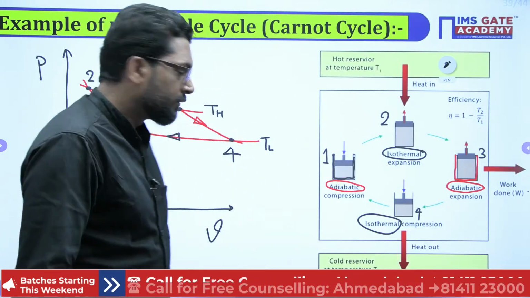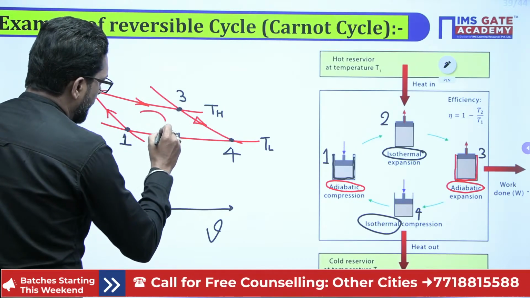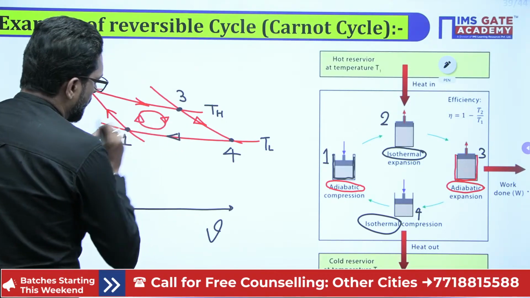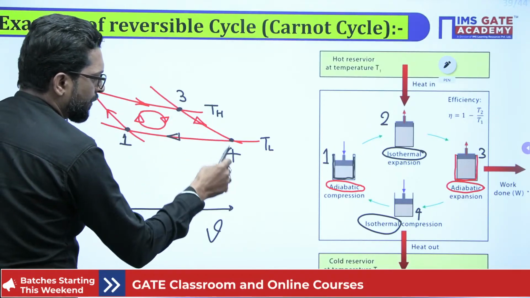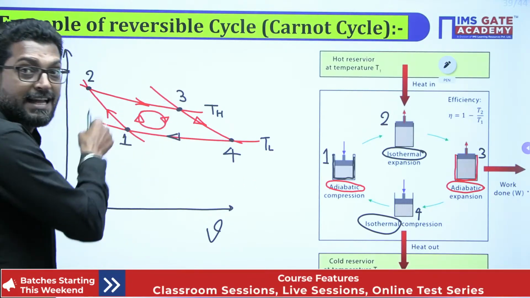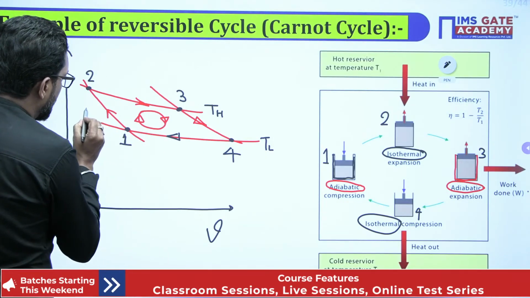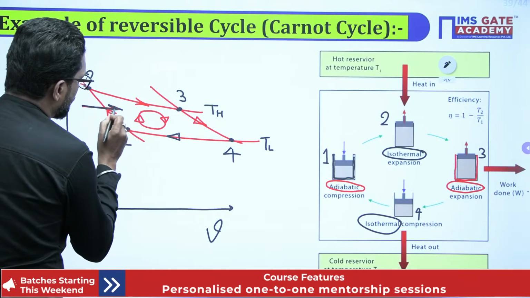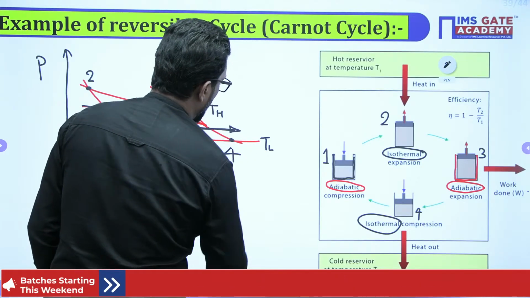Now this is your cycle. This is your isothermal at high temperature, and this is at low temperature. There is work in here. This is the compression, and there is work out.